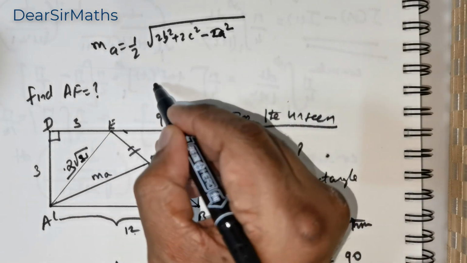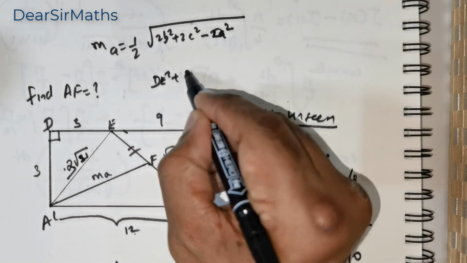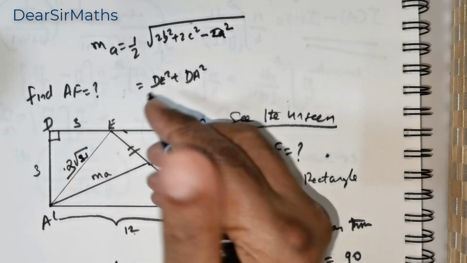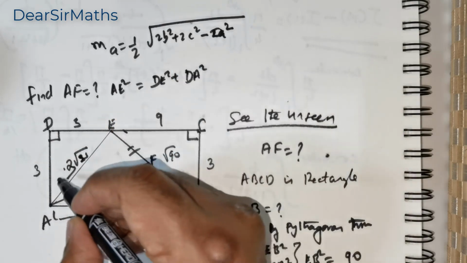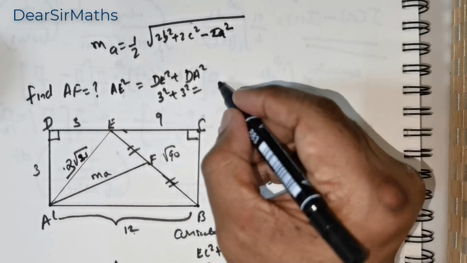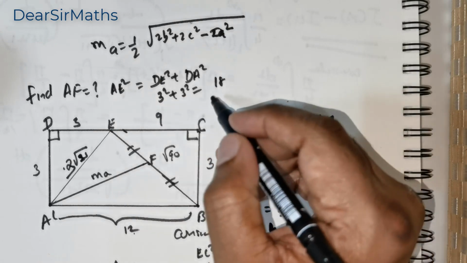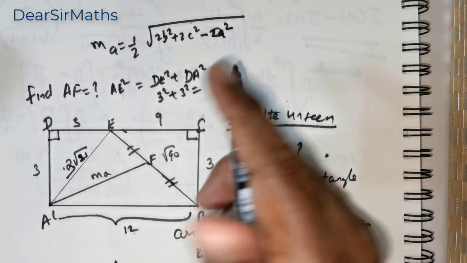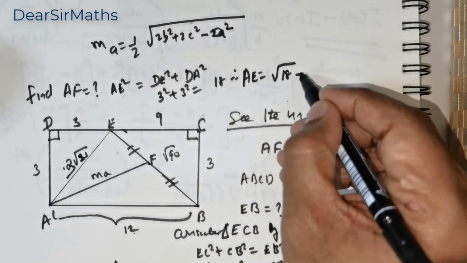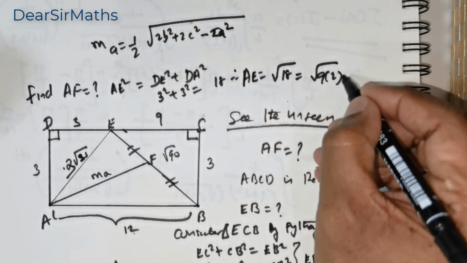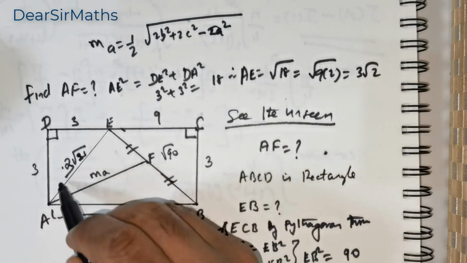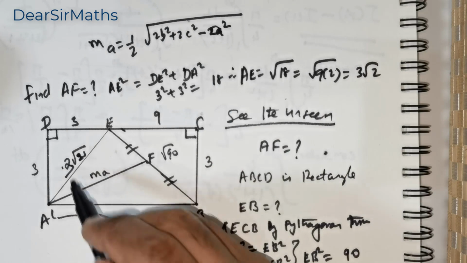So this is DE squared plus DA squared, which will be equal to AE squared. So 3 squared plus 3 squared, 9 plus 9 is 18. We need only AE, so AE is going to be root of 18, which is root of 9 times 2, which is 3 times root 2. So this is the value that has to be utilized.